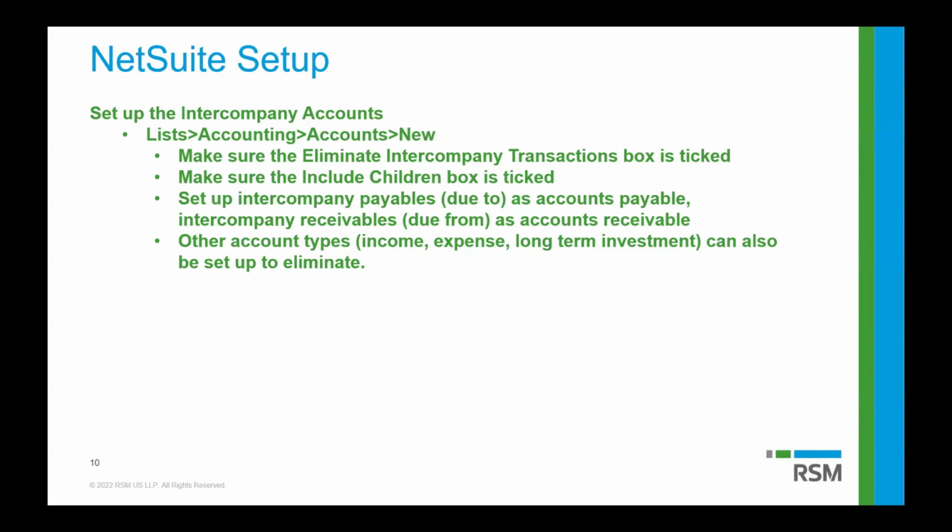Set up the intercompany receivable, due from, as an accounts receivable type. That's really important for settling transactions and appropriately accounting for any gains and losses that might arise due to foreign currency if you have foreign currency. Other account types, as I mentioned before, can also be set up to eliminate.